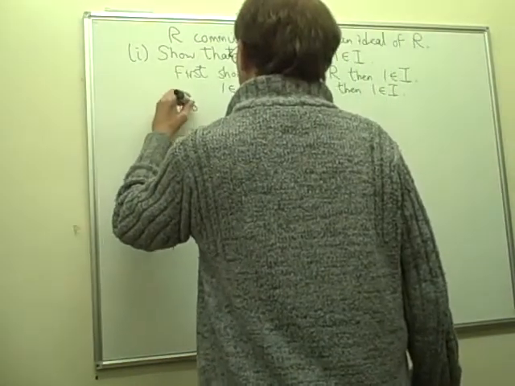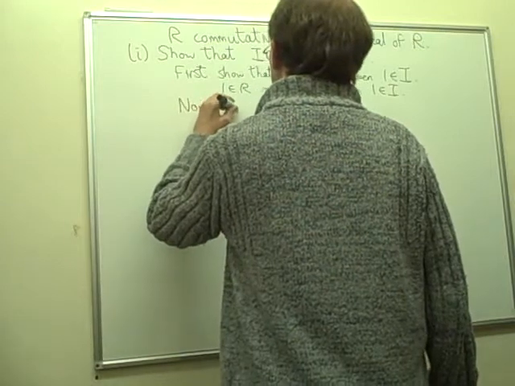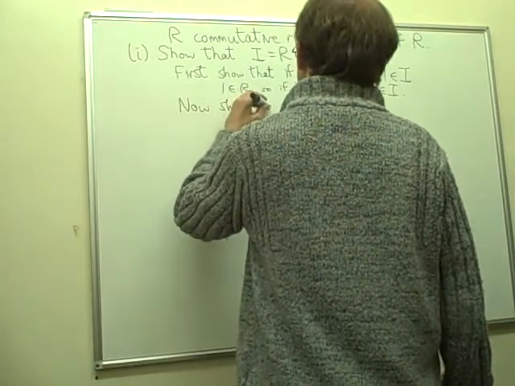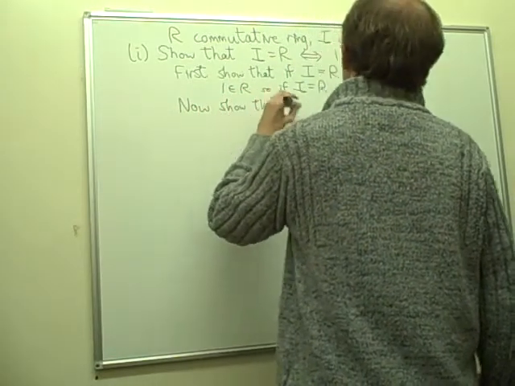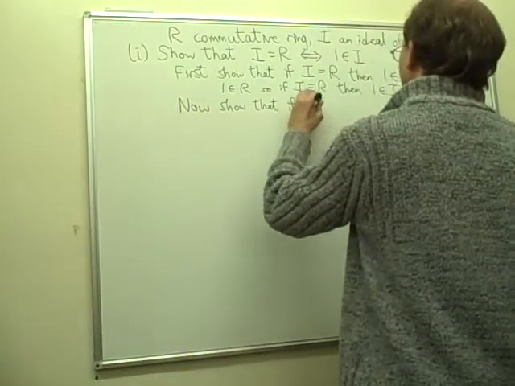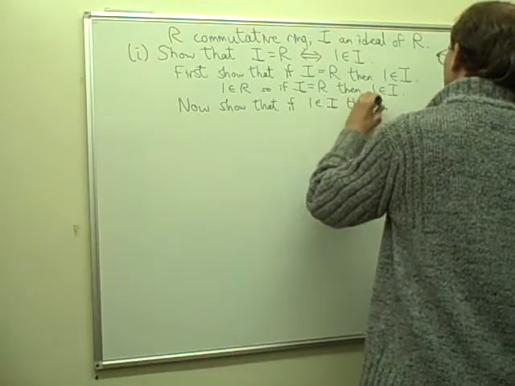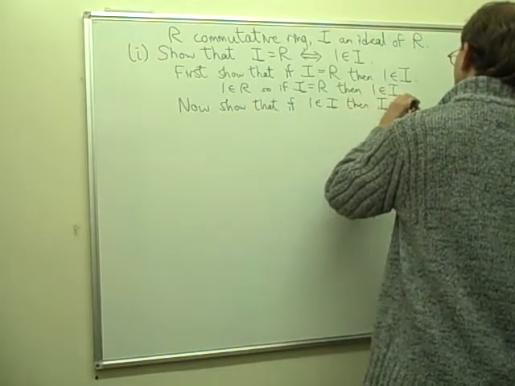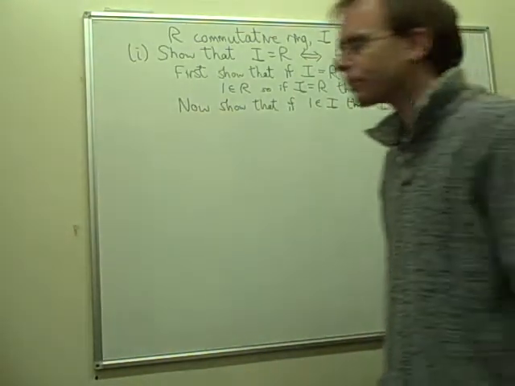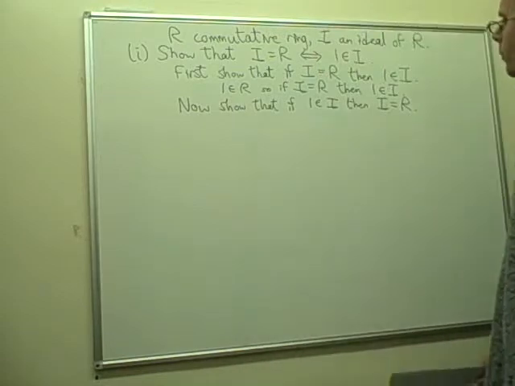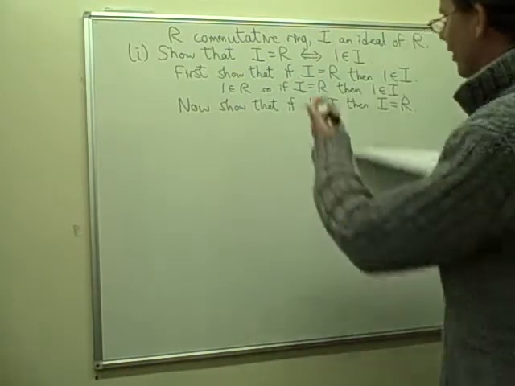Okay, so now I look at the other direction. So now I want to show that if 1 is an element of I, then I must be the whole ring. Well, I didn't really need to write all that.